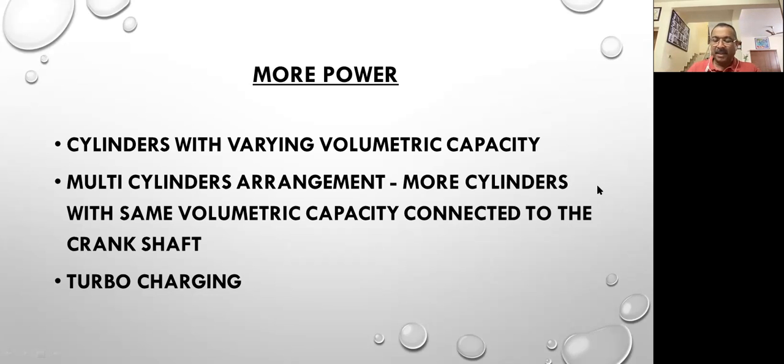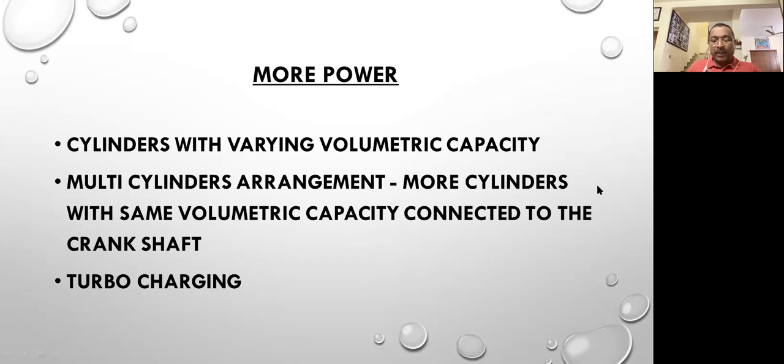Then I will give another tap. Then think about another case, in which I am giving taps frequently, more and more. Then what will happen? The tire will run at more or less a uniform speed. So that is why we are going for a multi-cylindered arrangement in a diesel engine.